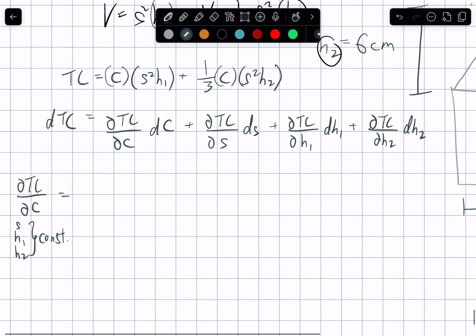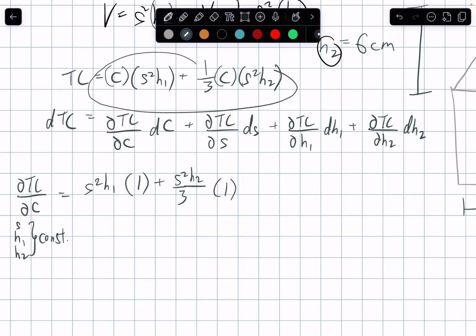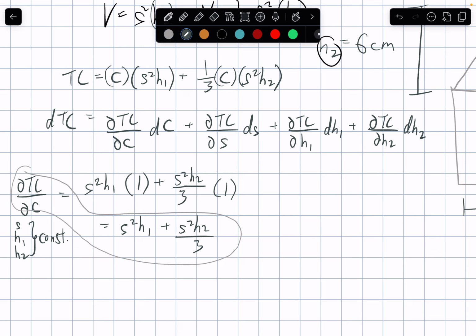So the derivative of C is 1, plus 1/3 S squared H2. Derivative of C is 1. That's it for that. Next.